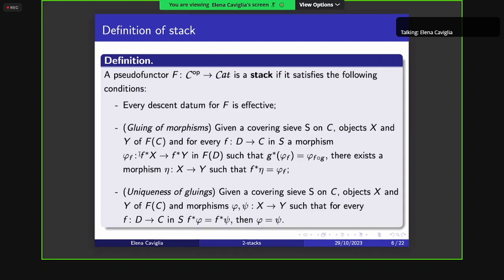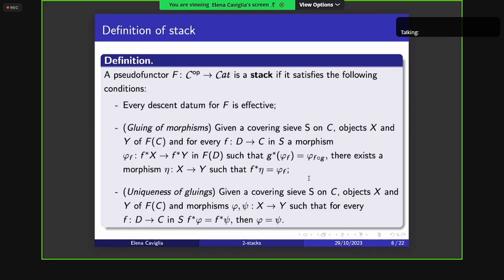So the first condition is saying that given two objects x and y in F of C and given for every morphism f in the sieve S a morphism from f star of x to f star of y, and in a way such that these morphisms are compatible with respect to composition, then we can find a morphism from x to y such that f star of this morphism is the assignment for every f in the sieve.